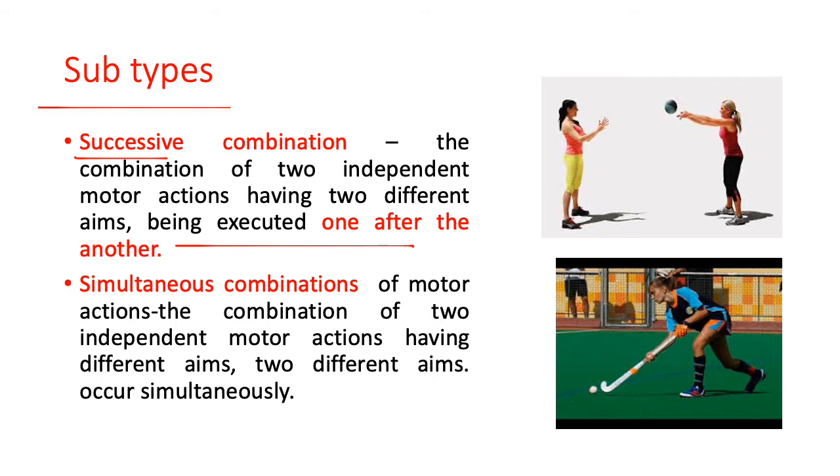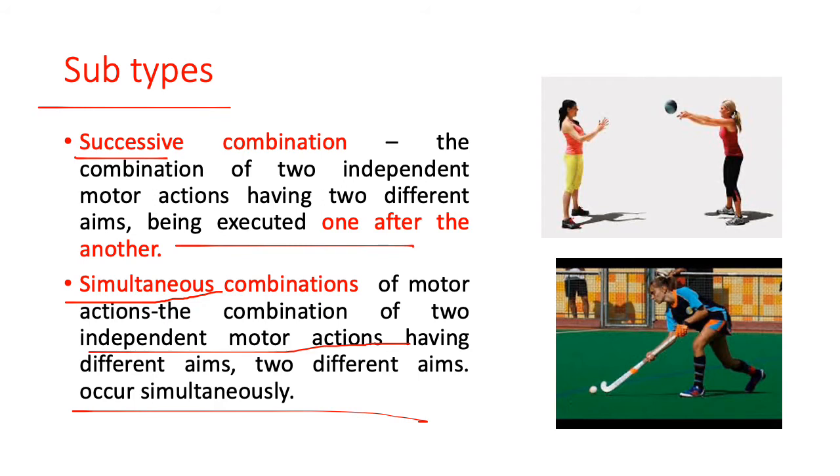And on the other hand, when it is happening simultaneously, like dribbling the ball while you are running, the combination of two independent motor actions having two different aims occurring simultaneously. So when the two motor actions are happening simultaneously, that means the combination is simultaneous combination.